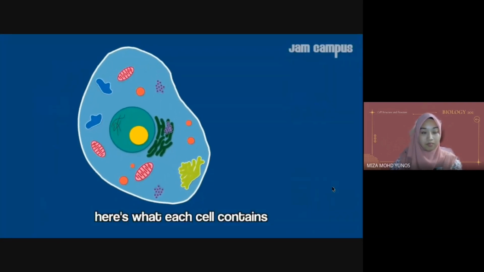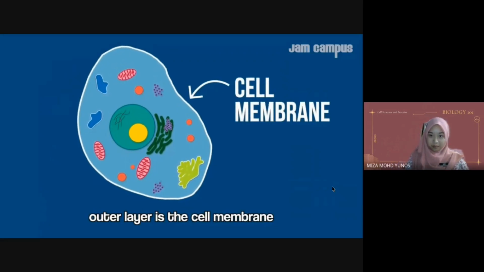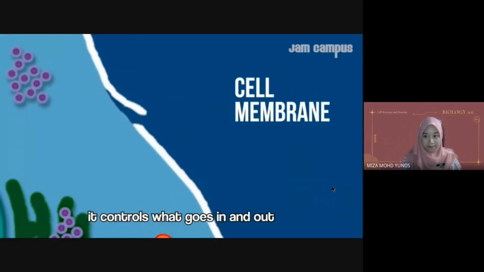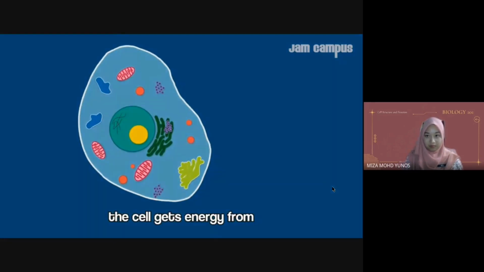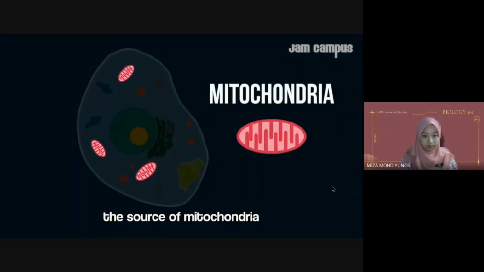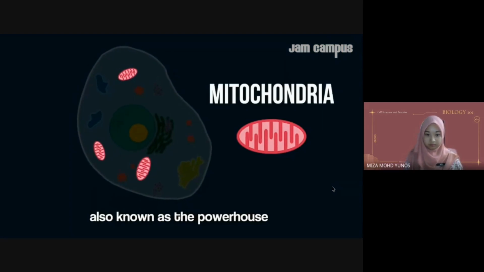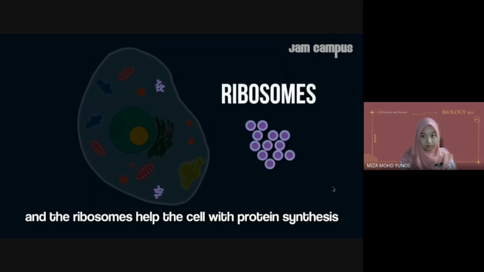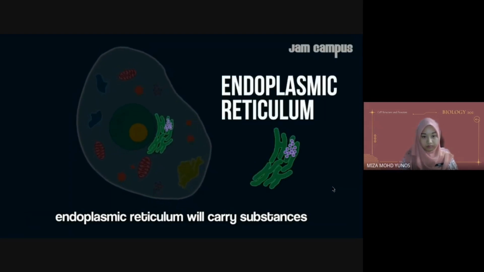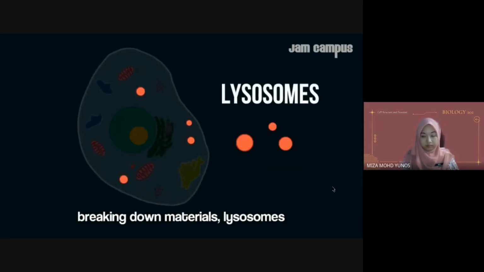Here's what a cell contains. Outside is the cell membrane. It controls what goes in and out. The cell gets energy from mitochondria, also known as the powerhouse. Ribosomes make proteins, and the endoplasmic reticulum will carry substances. Lysosomes break down materials.